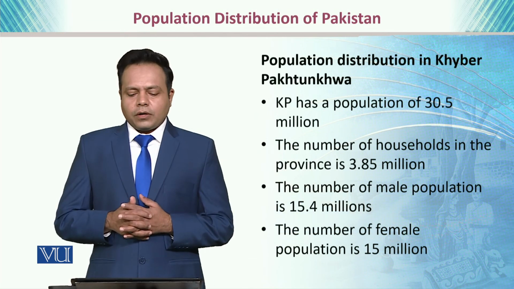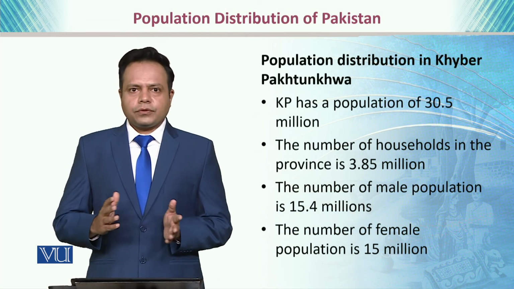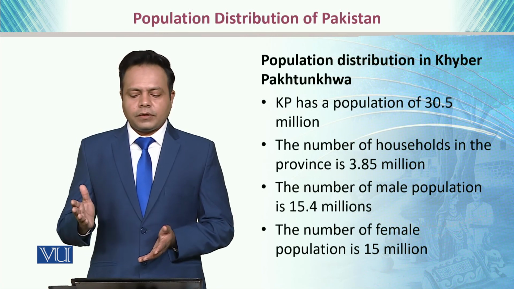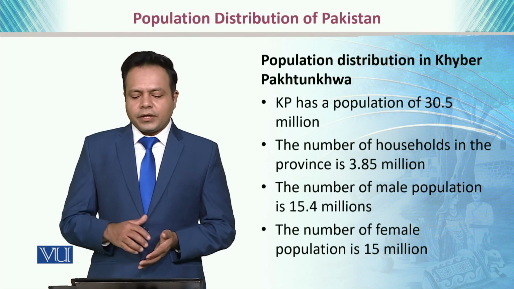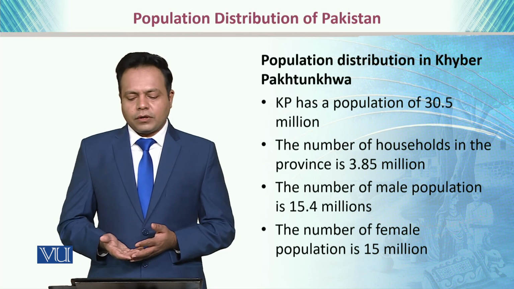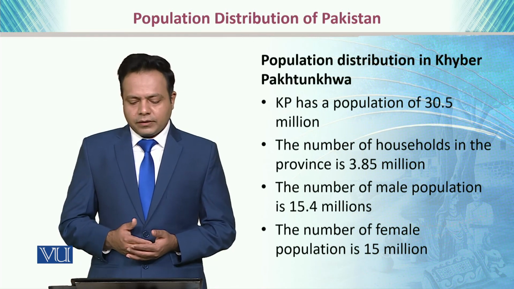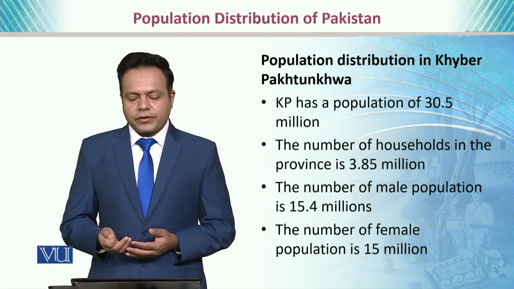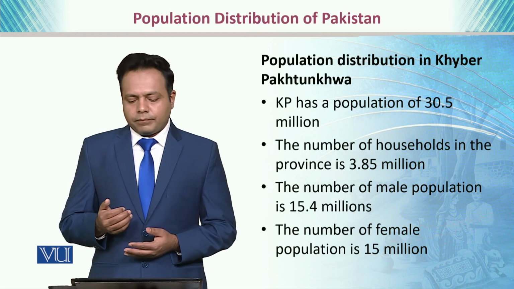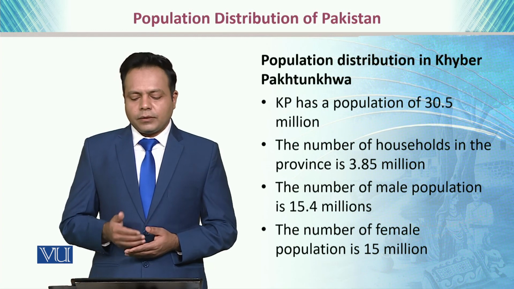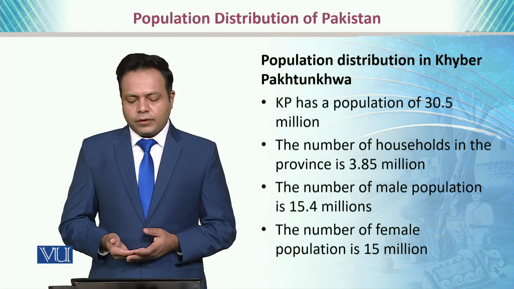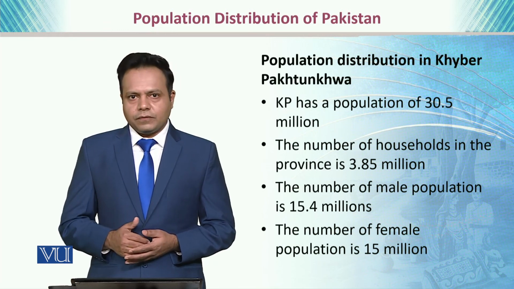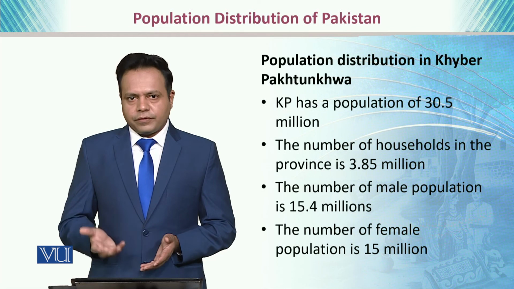If we talk about the population distribution across provinces, we would see first that Khyber Pakhtunkhwa has a population of 30.5 million currently, and 3.85 million households. The male population is 15.4 million as compared to the female population, which is around 15 million.